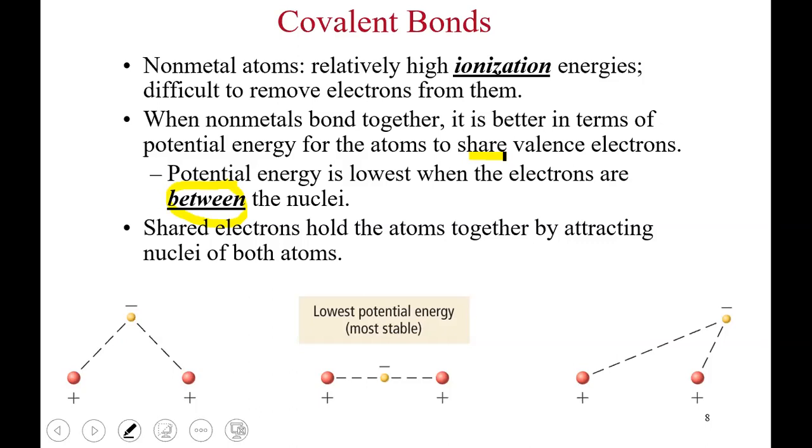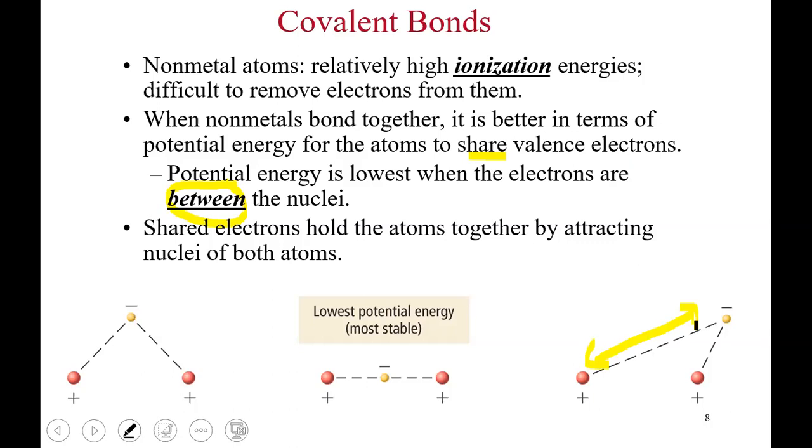Notice that in the diagram on the left, the electron is off to the side of the nuclei, and so it's not deriving the maximum benefit. It's a bit of a distance between the nucleus and the electron. And in the one on the far right, you can see the electron is shifted more towards one nucleus, which is good for that, but it doesn't derive maximum benefit in its interaction with the other nucleus of the other atom.